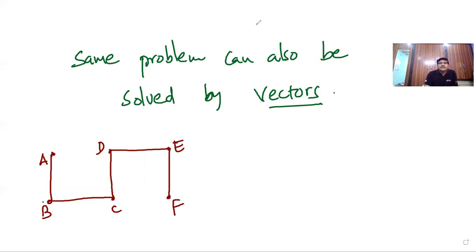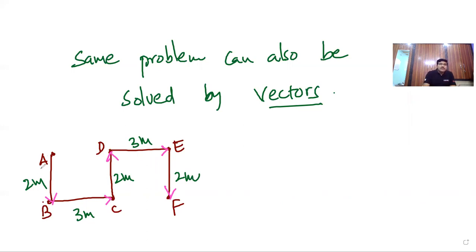Now directions: A to B, B to C, C to D, D to E, E to F. Magnitudes, what he has quoted: this is 2 meters, 3 meters, 2 meters, this is 3 meters, again 2 meters. Now observe.